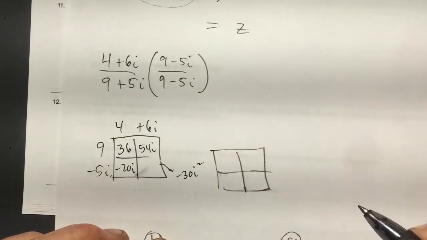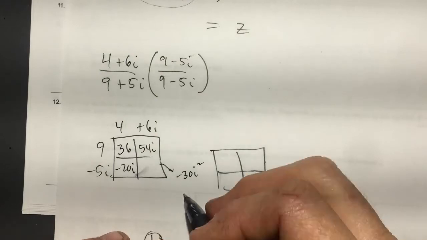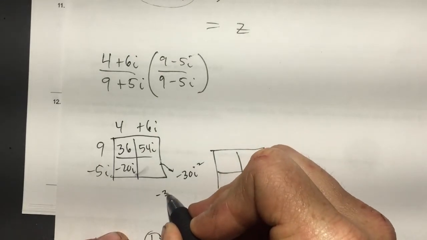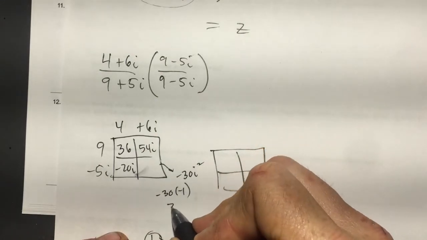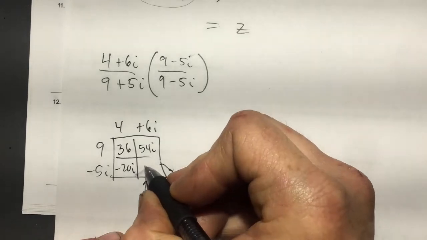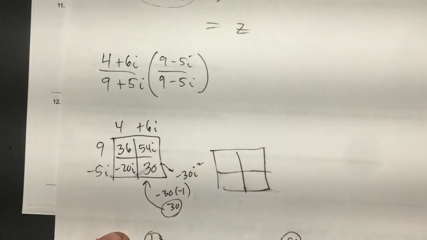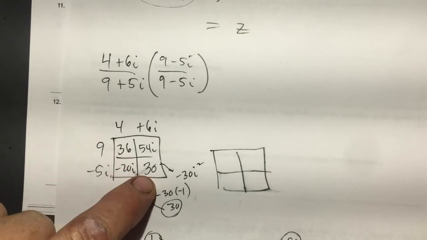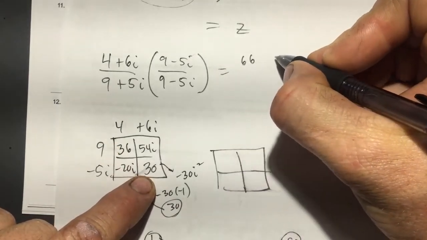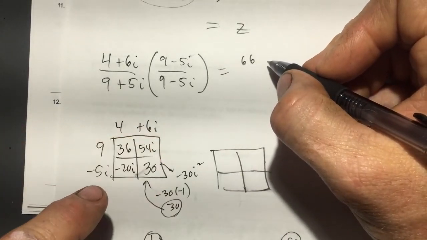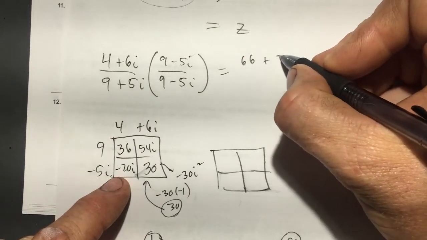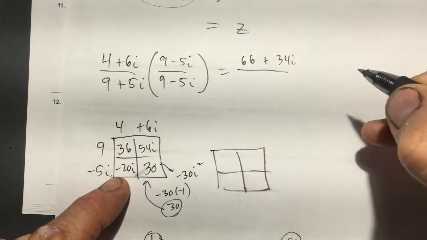And I got an i squared. So it's going to be negative 30 times negative 1, which is a positive 30. So this is a positive 30 right here, which gives me 66 for the real part. And then 54i plus negative 20i would be 34i.